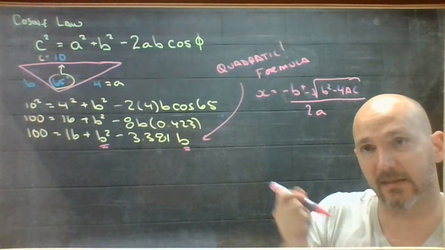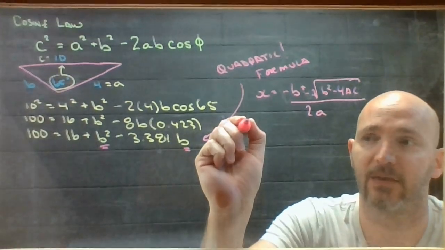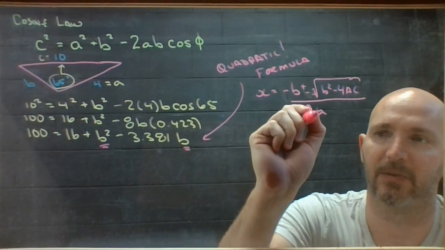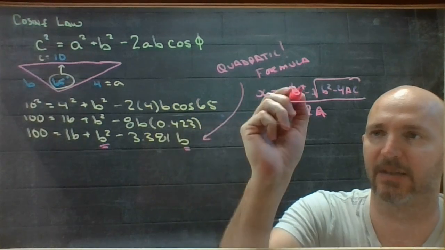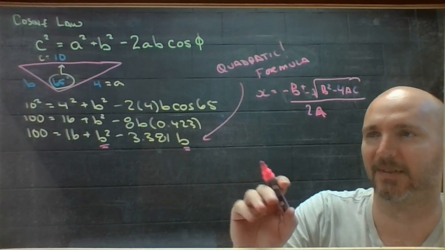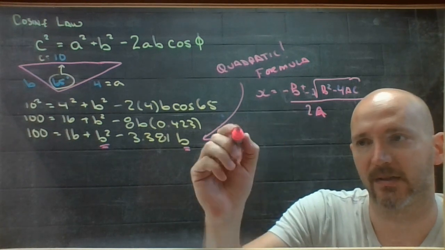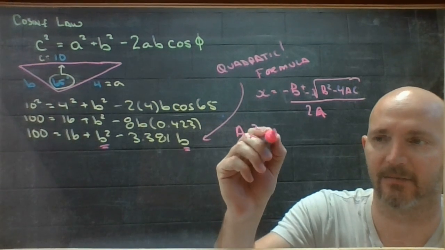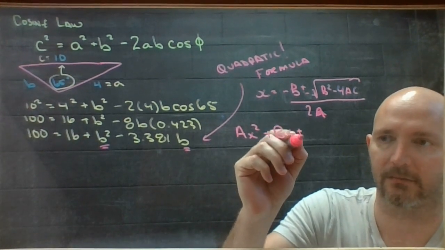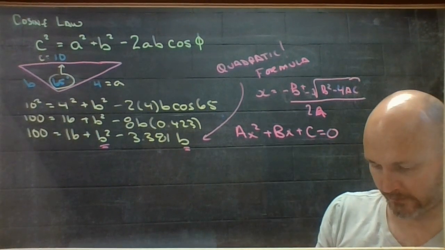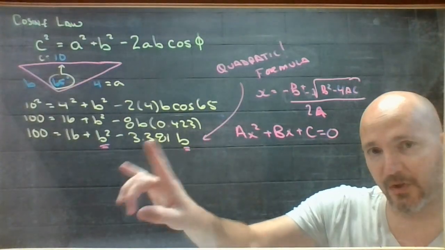So this particular thing works if you have, maybe I'll put these in capitals because there's some lowercase b's over there. There, problem solved. This thing works if you have an equation shaped like this. So everything has to be pushed over to one side.